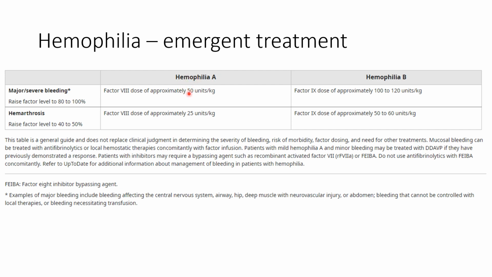Well, you know that in hemophilia A, you usually want to give about half of whatever you're giving for hemophilia B. So factor 8, you give about 50 units per kg for major severe bleeding, and then you give about 100 to 120 of factor 9 for hemophilia B. So that was kind of the thing she wanted to point out, is knowing that rule of you want to give like a 1-to-1 replenishment in hemophilia B versus a 0.5 or a half to 1 replenishing.